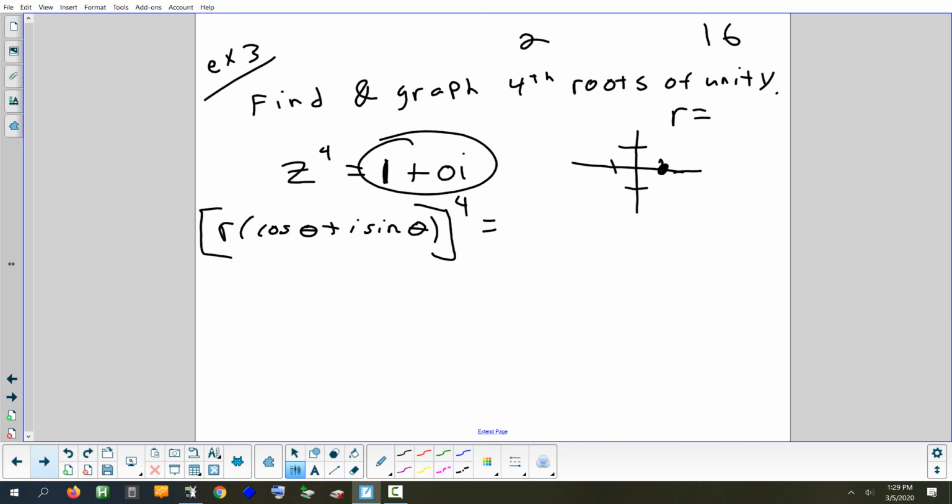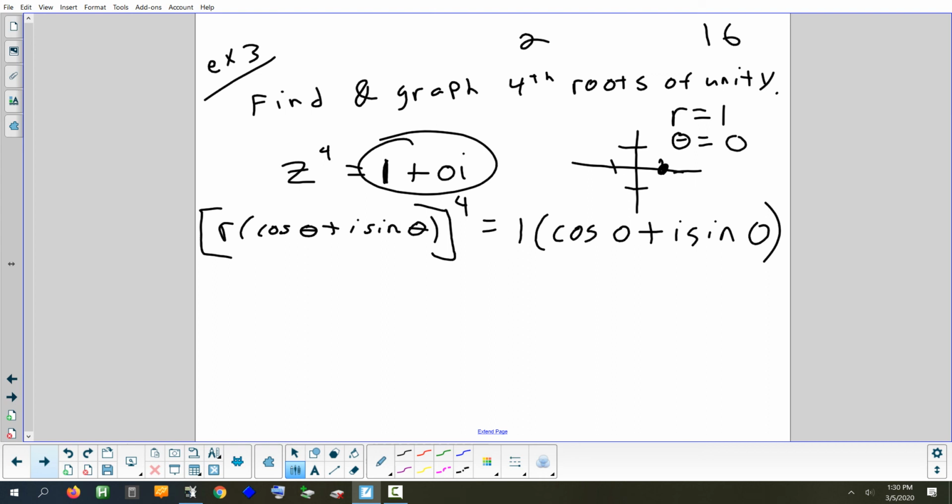You don't really need the Pythagorean theorem. It's just 1. And what's the angle for that point? 0. Let's do it in radians. 0 degrees, 0 radians is the same. So it's 1 cosine 0, i sine 0.